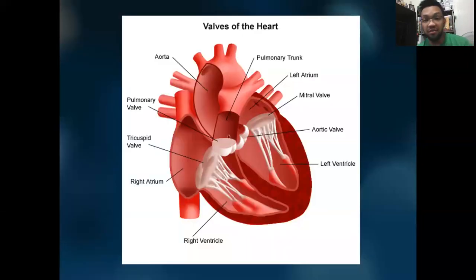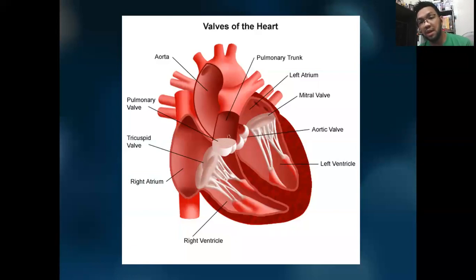For you to be familiar with it, you have the following valves here, the internal structure of the heart. We have the tricuspid valve that is dividing the right atrium and the right ventricle, and the pulmonary valve, which is in between the right ventricle and the pulmonary trunk before the blood reaches the lungs.